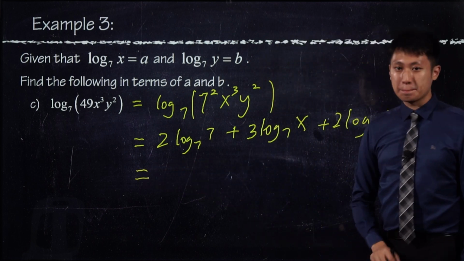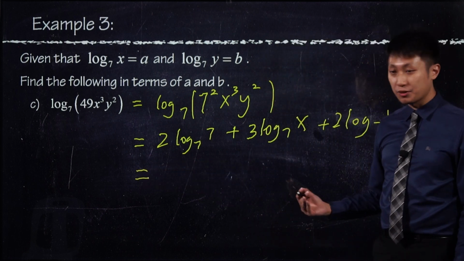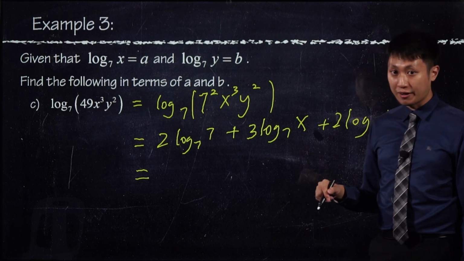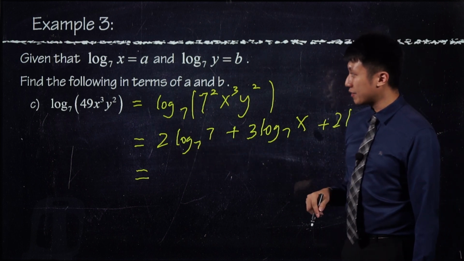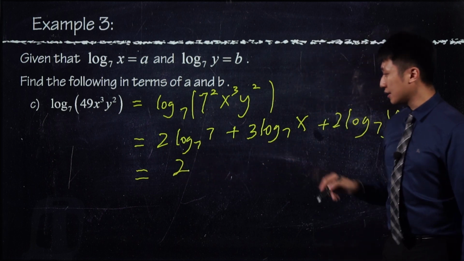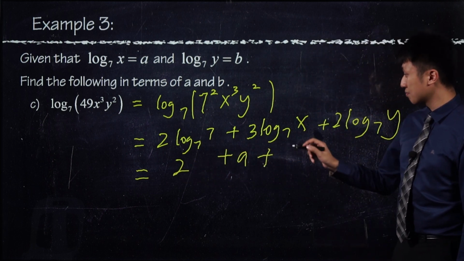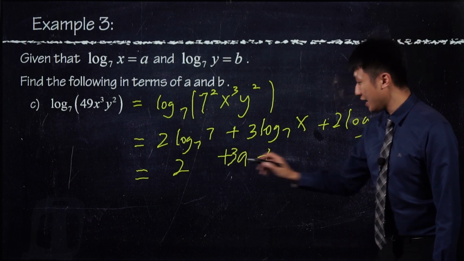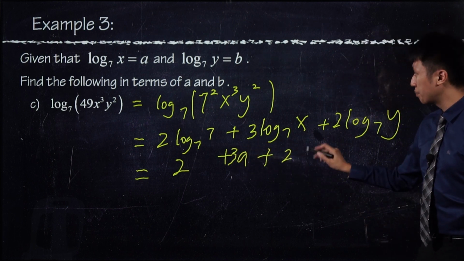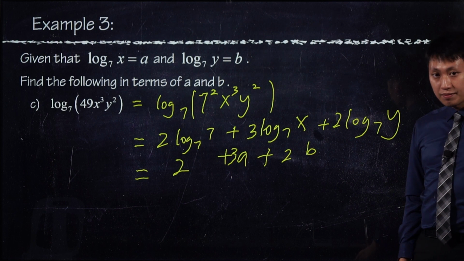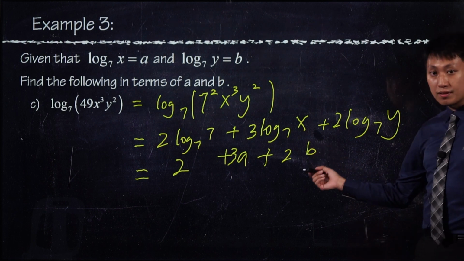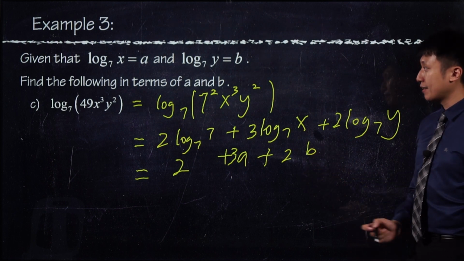But if you are not comfortable, you write it slowly. So, this one, 2 log 7 means 2. This one plus a, oops, did I say a? It's 3a. Then plus 2b. Correct? Right. No problem? Okay, let's move on.